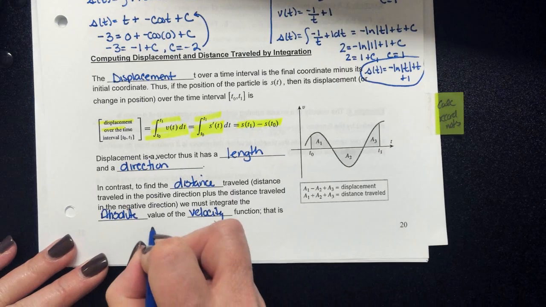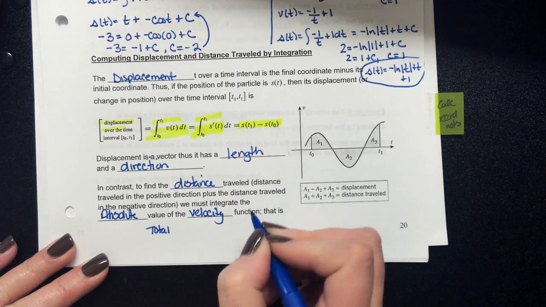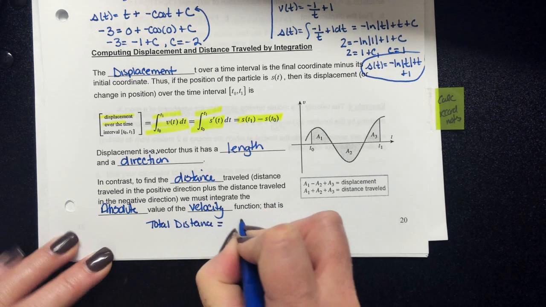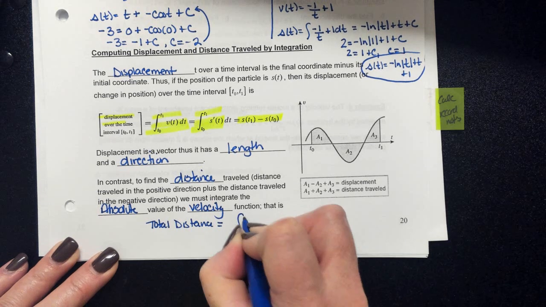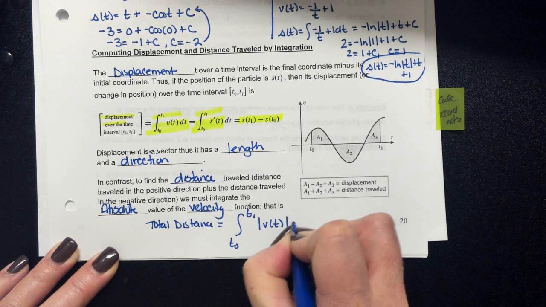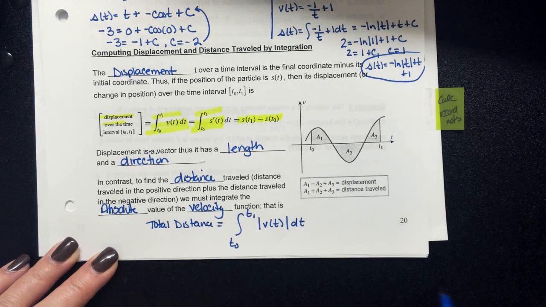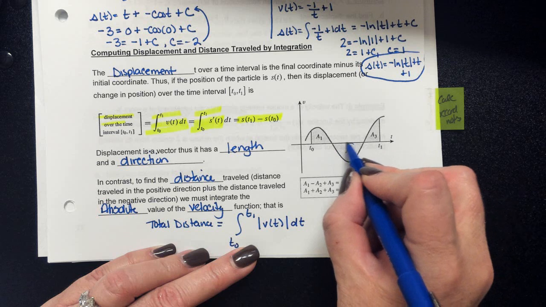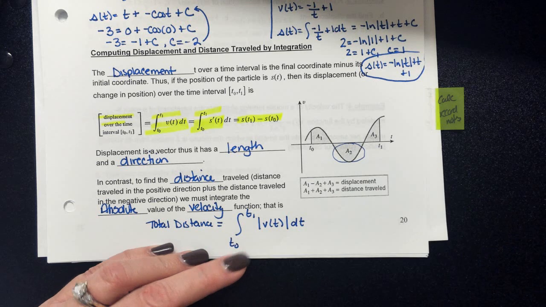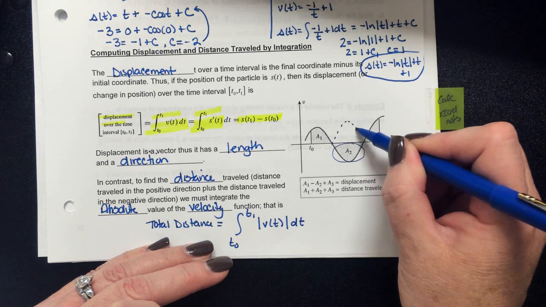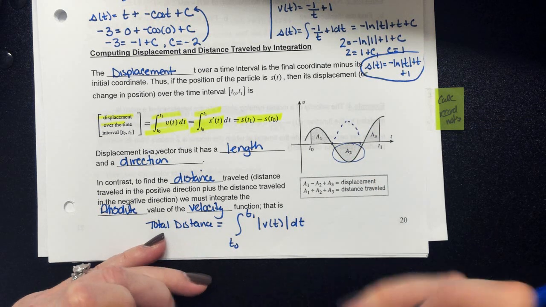That is, again, to find your total distance traveled, it's going to be the integral from t sub 0 to t sub 1 of the absolute value of your velocity function. So remember, going back to when we talked about total area, we will have to take this region that's falling below the x-axis and take the absolute value and have it reflect in order to calculate the total distance traveled.